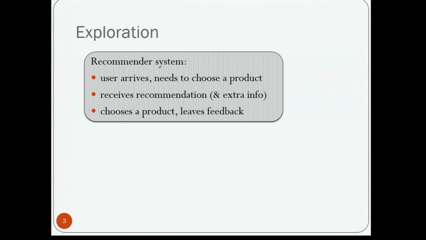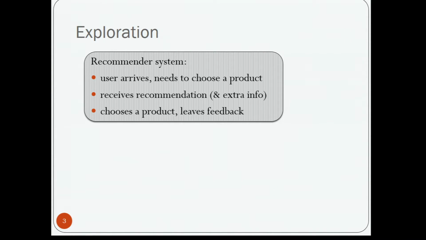We're looking at the recommender system and the following scenario. A user shows up, wants to choose a product among some alternatives. Then the user receives a recommendation and maybe some extra feedback like ratings. Then he chooses a product, hopefully leaves feedback, and leaves.